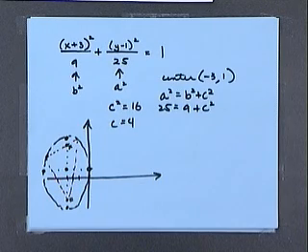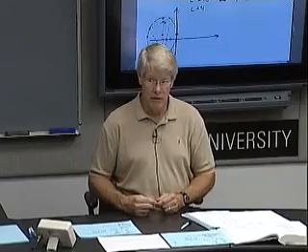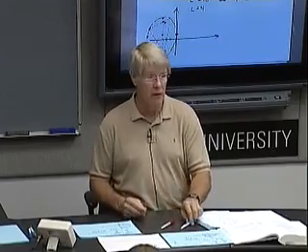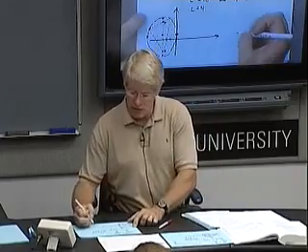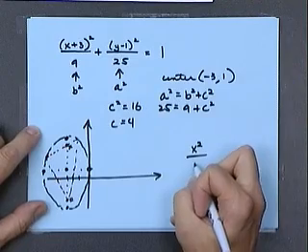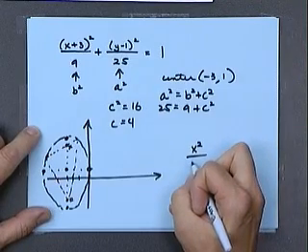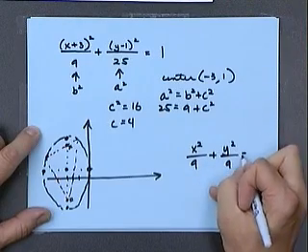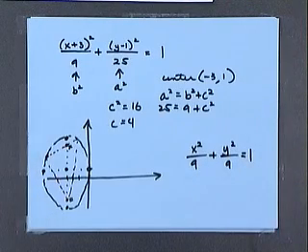Anything else before we move on to the last one? Well, let me do one thing quickly. If you have a question, I'll still give you a chance. So let's suppose that we've got x squared over 9 plus y squared over 9 equals 1. Is that an ellipse?